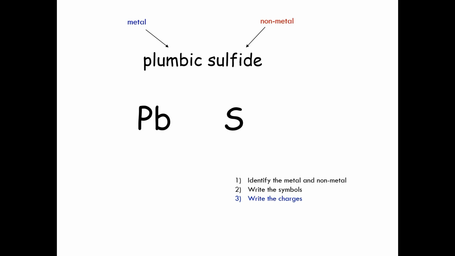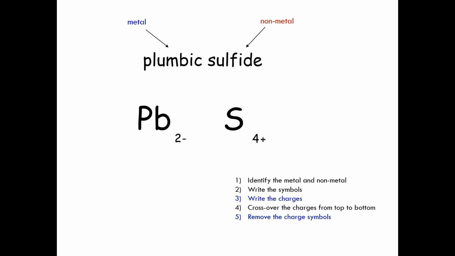Write the charges. Again, the ending ic indicates the higher charge for the lead ion. Looking at the periodic table, I know it to be 4 positive, while sulfur is always going to be 2 negative because of its placement on the periodic table. Cross the charges over from top to bottom.